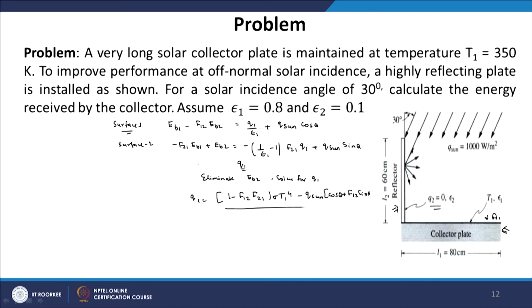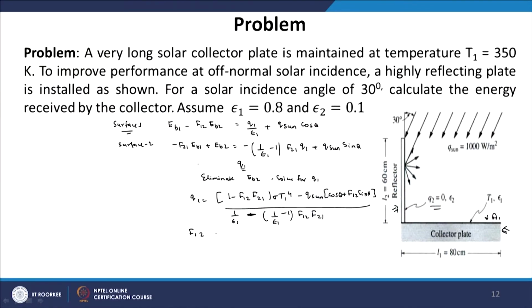Okay. 1 upon epsilon 1 plus minus 1 upon epsilon 1 F12 F21. Okay. Now, the view factors are easily available from the book. Okay. For two plates perpendicular to each other, we can calculate the view factors. The view factors values I am writing F12 is equal to 1 by 4 and F21 is equal to 1 by 3. Okay.